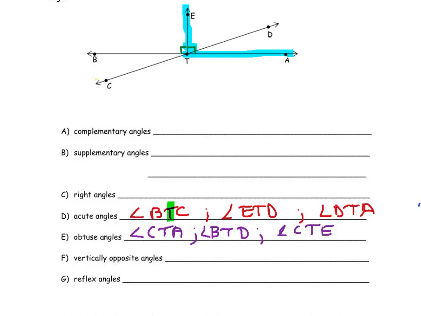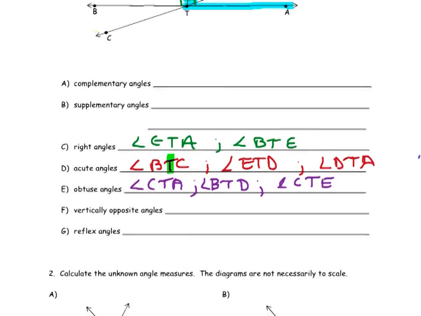So the right angle in this diagram could be either angle ETA, you could say it as ATE if you wanted to. And there's also another right angle, angle BTE, or angle ETB.